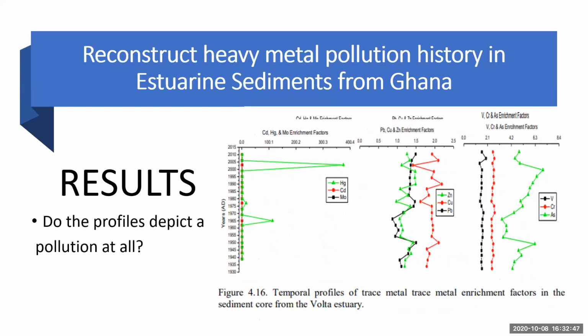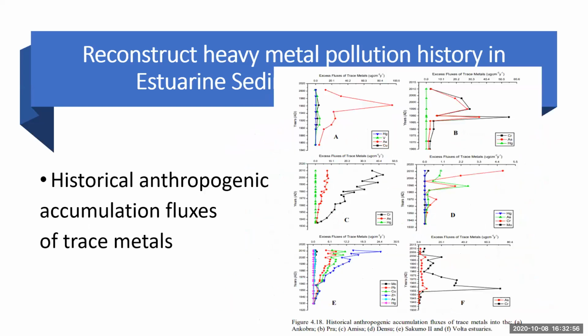And then, of course, we also have the Volta estuary. But over here, we didn't see that much enrichment in the metals compared to the other ones. And we also looked at the fluxes, the excess fluxes, so basically how much metal is coming into the estuaries.